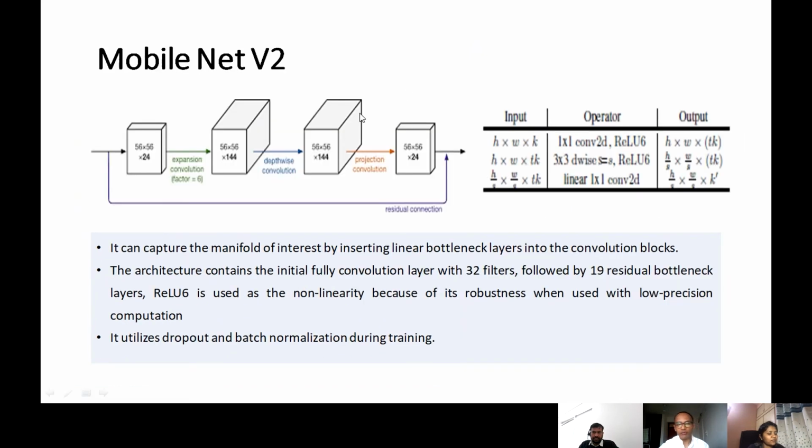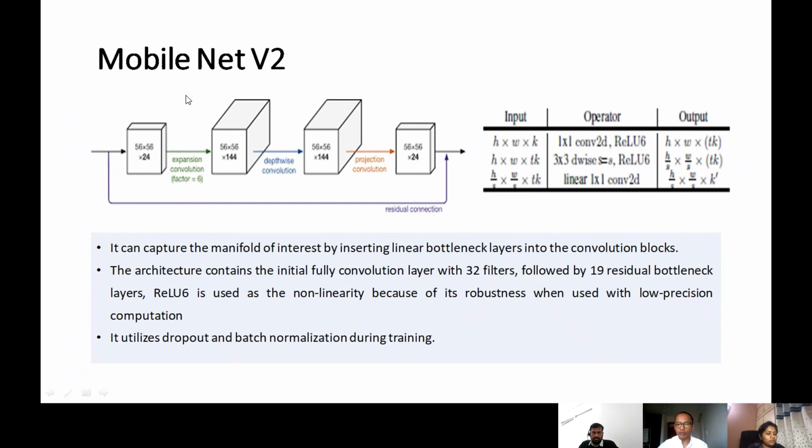Now MobileNet V2 is an advancement on MobileNet, and it works on the function of bottlenecks. Now what a bottleneck is: suppose we have an image of 56 cross 56 cross 24. Now this 24 is the depth of the image.